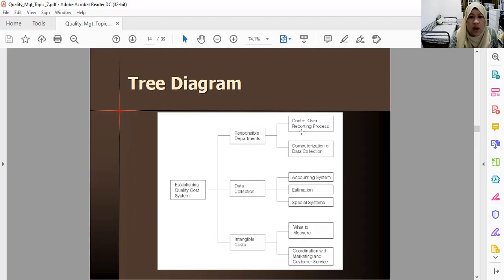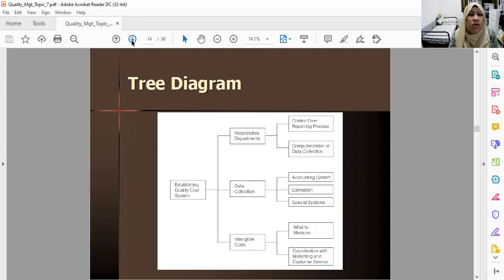Here we have control over the reporting process, the responsible department, and computerization of data collection. This involves the production side and the marketing side as well, because when you deliver the product to homes, this is done by logistics and production. And this is the finance and accounting department: the accounting system, the payment, bill receipt, estimation, and the special system.